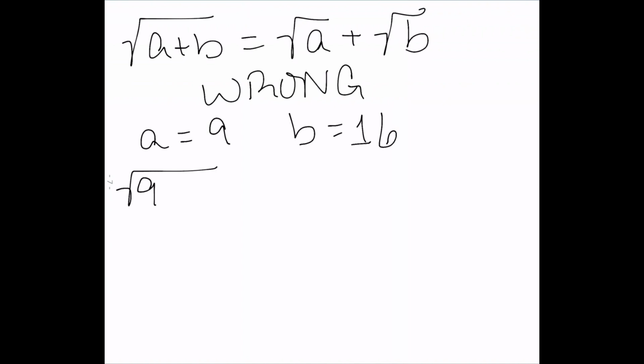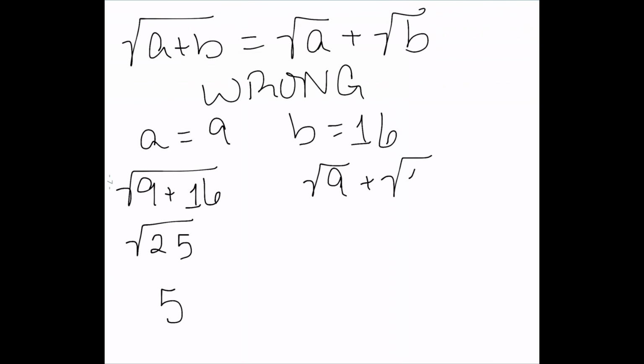If I look at the square root of 9 plus 16, well, 9 plus 16 is 25. That gives me 5. However, the square root of 9 plus the square root of 16, the square root of 9 is 3, the square root of 16 is 4, and here's 7. So we need to make sure we don't break this up over addition.